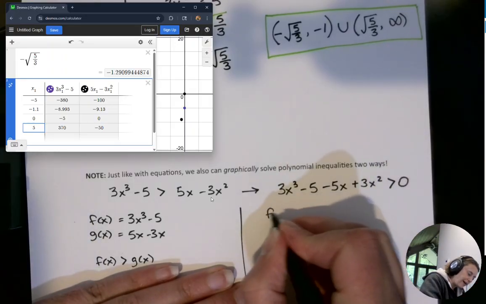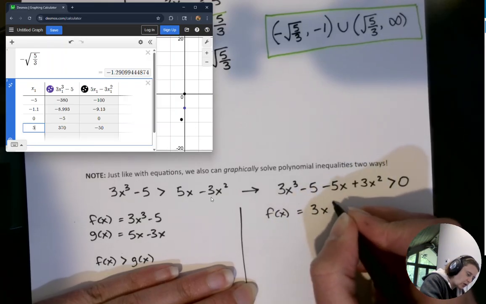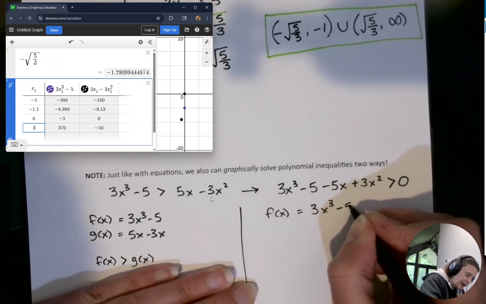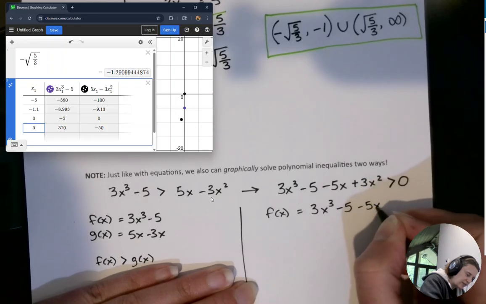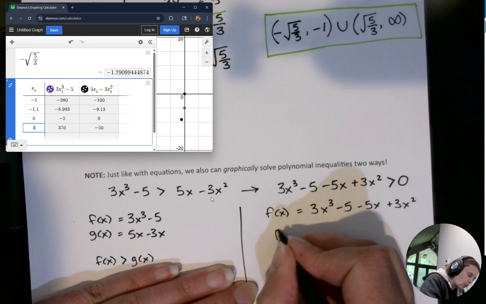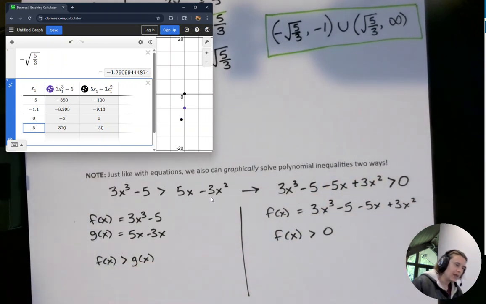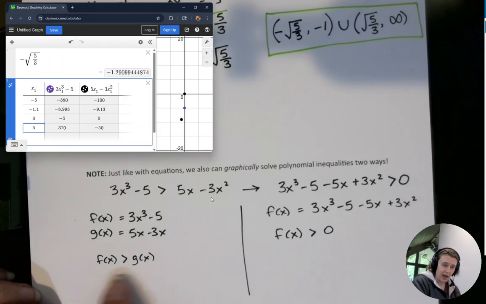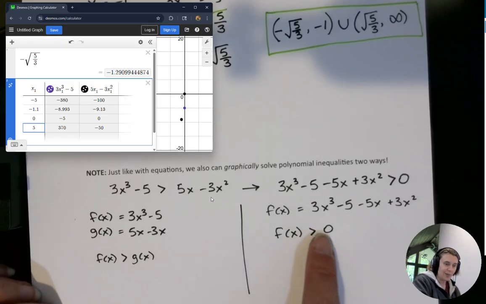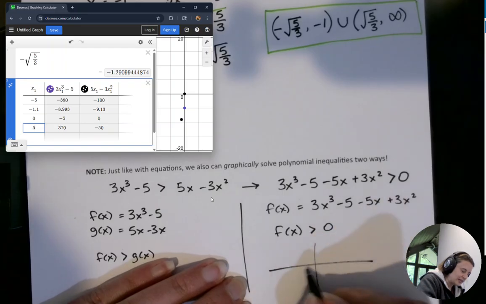So I could graph the entire function as a function, f of x equals 3x cubed minus 5 minus 5x plus 3x squared. And then we're going to look on the graph for places where that function is greater than 0. The advantage to the second method is that instead of having to find some unknown height to compare, I'm comparing these to 0, which I know is going to be right on the x-axis.